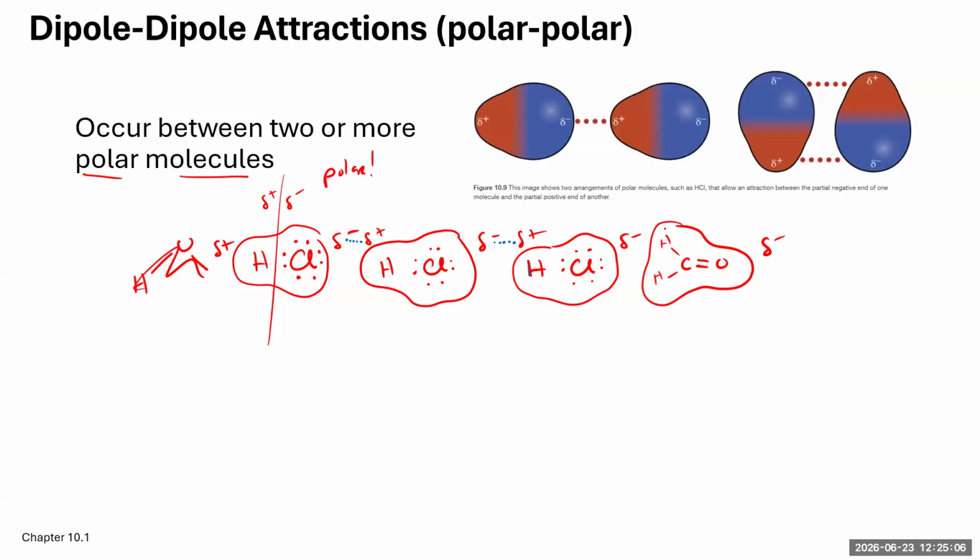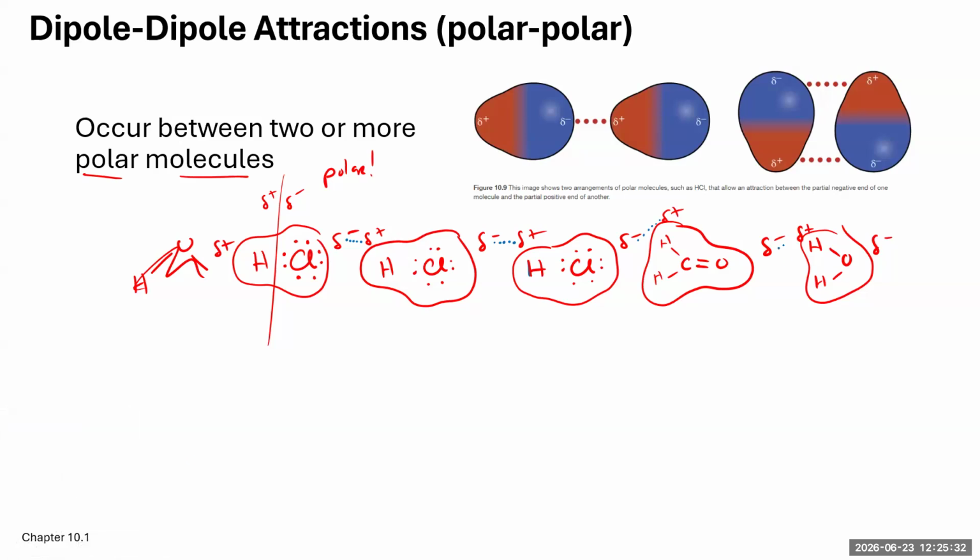This is going to be the partially negative side. This is the partially positive side. So that will interact. It could also interact with stuff like water. Water is also polar. A single bond to O, right? This is partially negative. This is partially positive. That can interact.